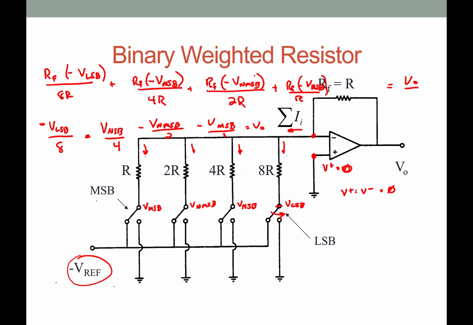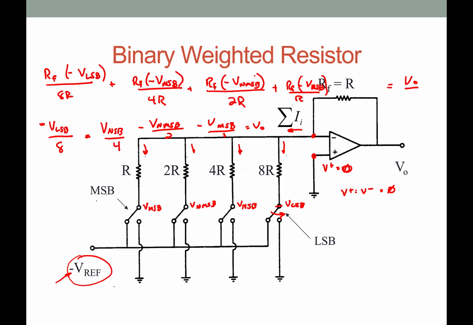Now of course this minus sign gets rid of all of the minus signs there, so I can say this is going to be plus Vref or 0 divided by 8.